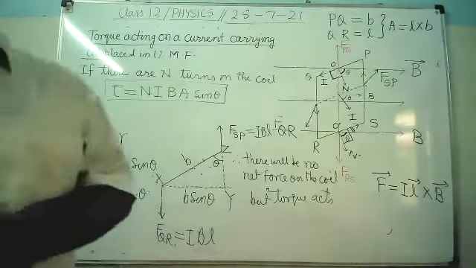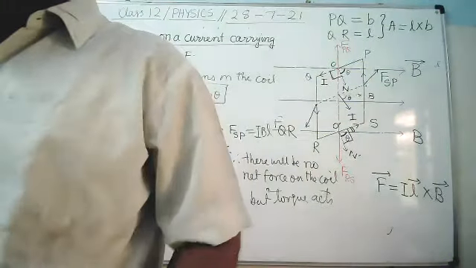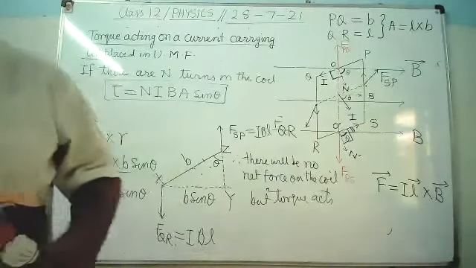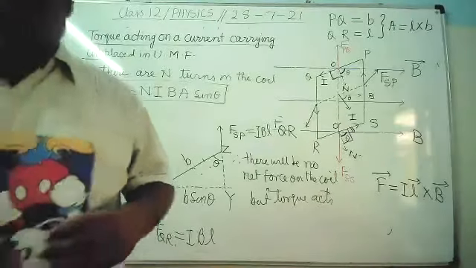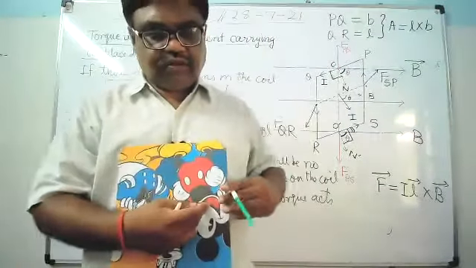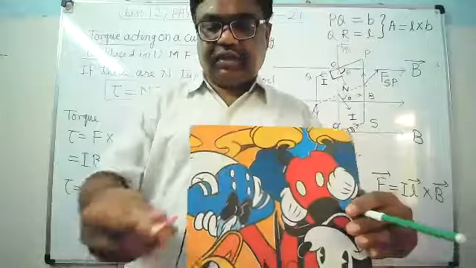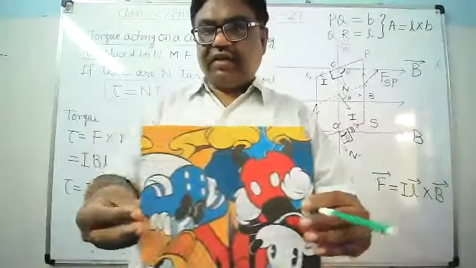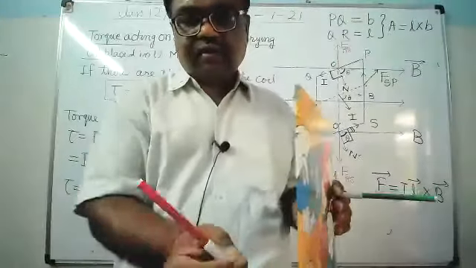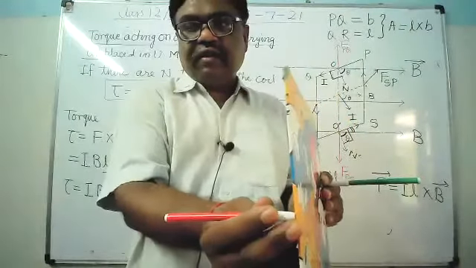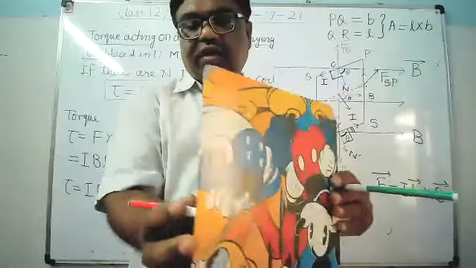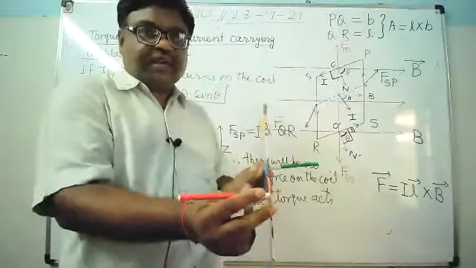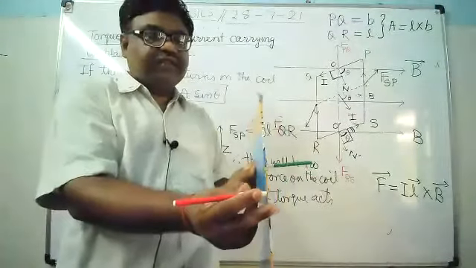Here we can see that in this case also torque will become 0 at one moment. You can see here, when the force is acting this way, parallel, at 0 degrees. Both forces are like this, and suppose the magnetic field is in your direction.